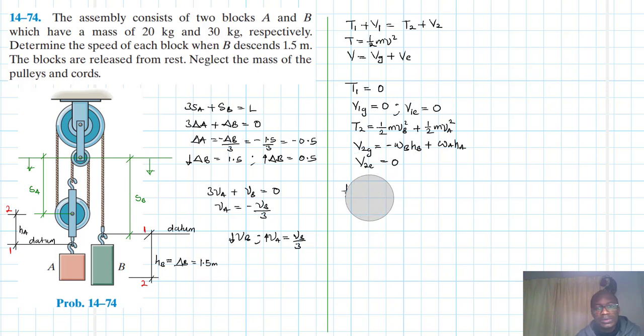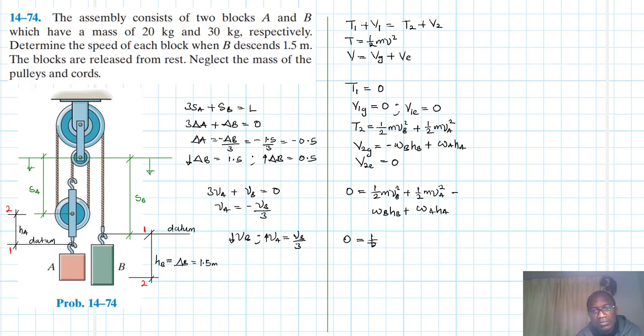Of course, I need to start with 0 on this side, and then I'll have half mvb squared, plus, this is always positive kinetic energy. Then we do have minus WB HB plus WA HA. Okay, so let's add numbers to that.